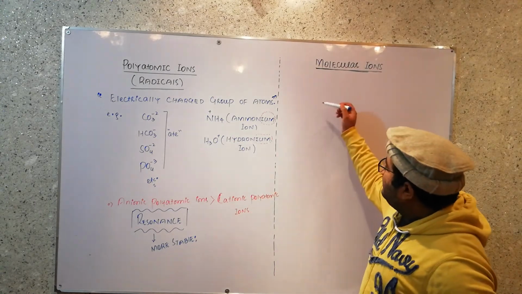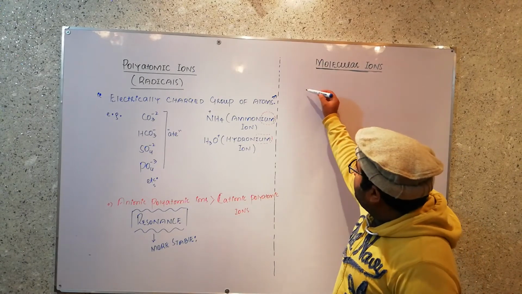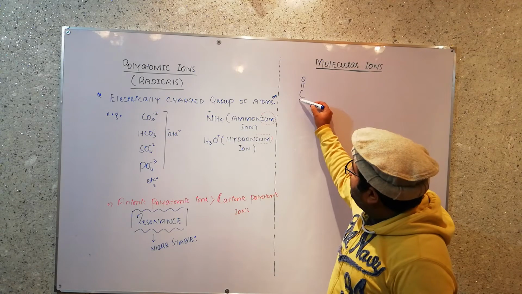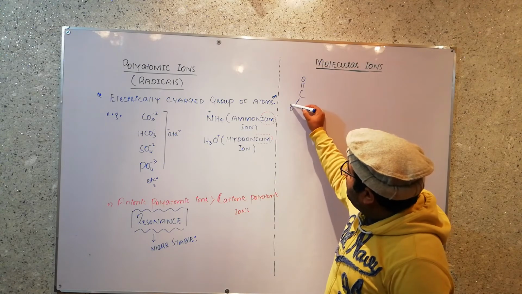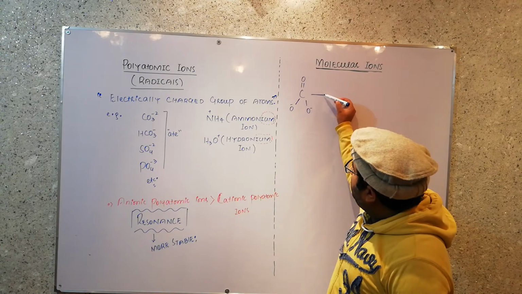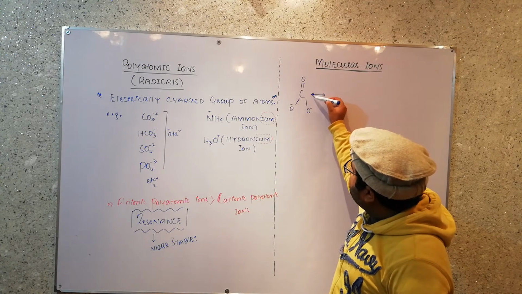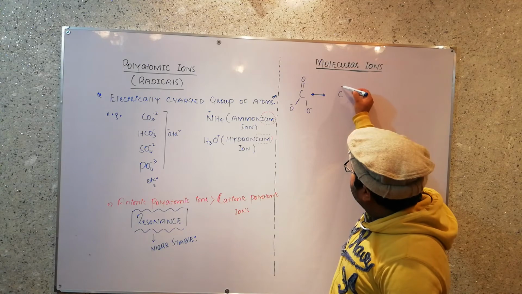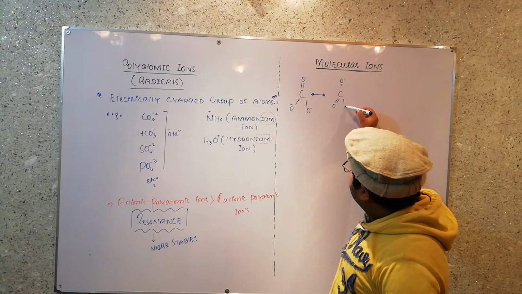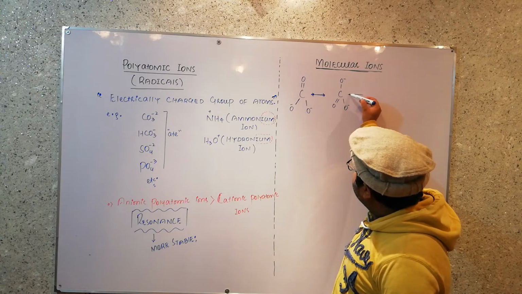Like, I'm writing it here, this one is the carbonate ion. Now, it has three resonance structures.